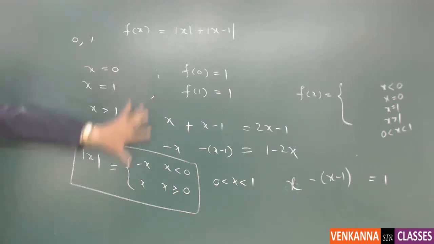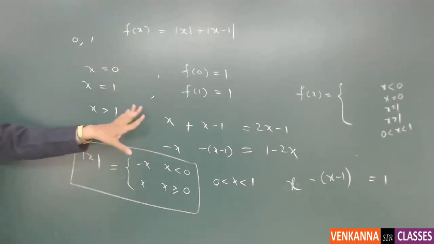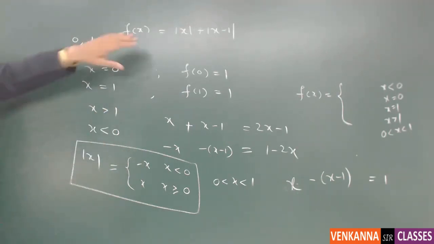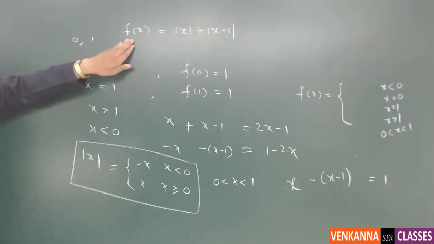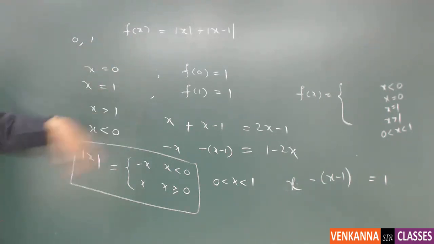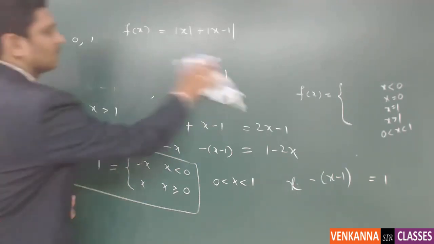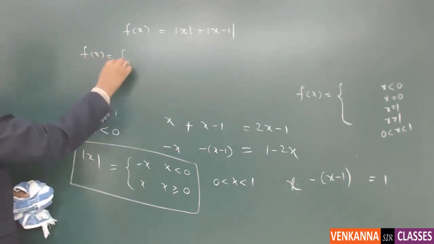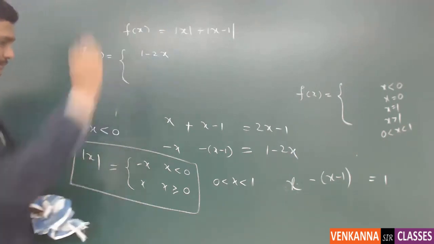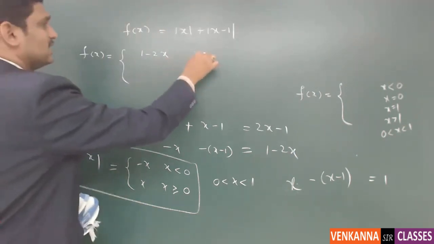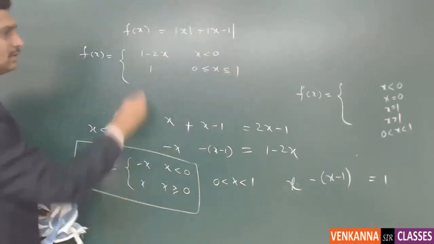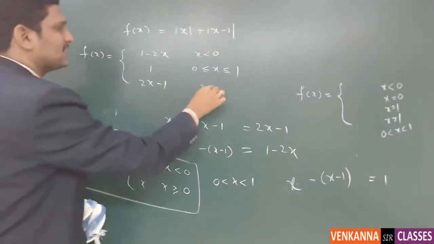So this is for your rough work. You are going to do this calculation as rough work, and while writing on paper, we write the functional values of f as: f of x equals 1 minus 2x if x is less than 0, 1 if 0 less than or equal to x less than or equal to 1, and 2x minus 1 if x is greater than 1.